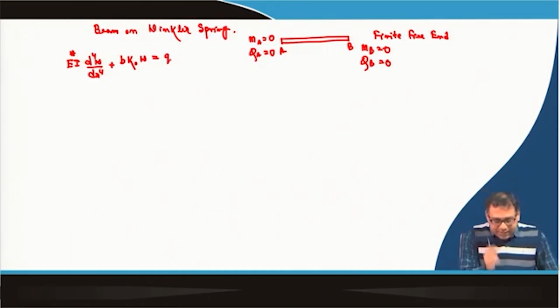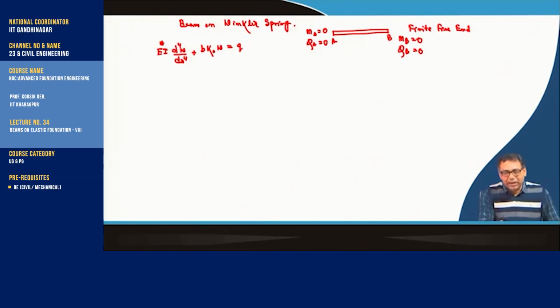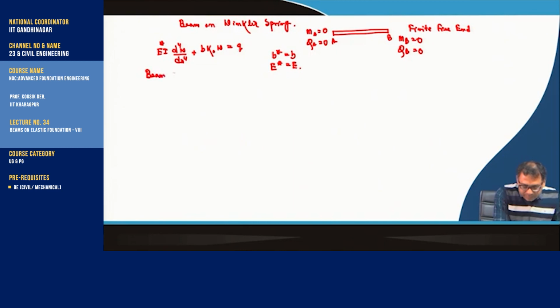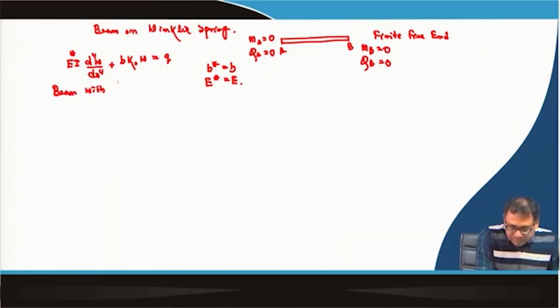So, now we are taking that infinite length. So, that means in such case, beam with finite width, my B dash will be equal to B and E dash will be equal to E. Okay. So, I can write this is beam with finite width.